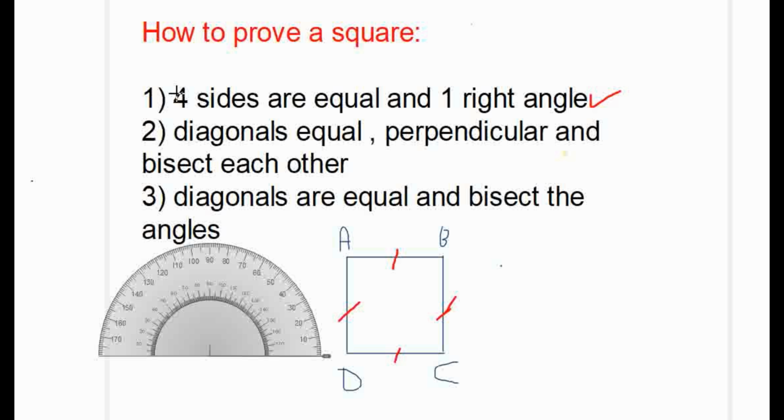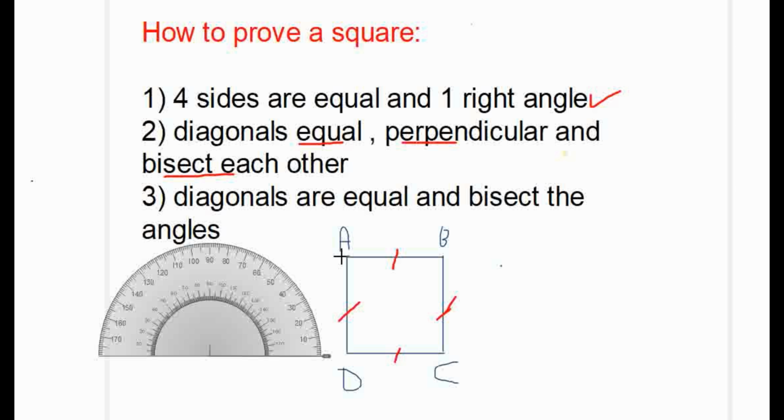If we don't have given about the sides, we can prove it by the second method, in which we have given about the diagonals. So if the diagonals are equal, perpendicular, and bisect each other. So you should pay attention. You should prove them equal, perpendicular, and bisect each other.